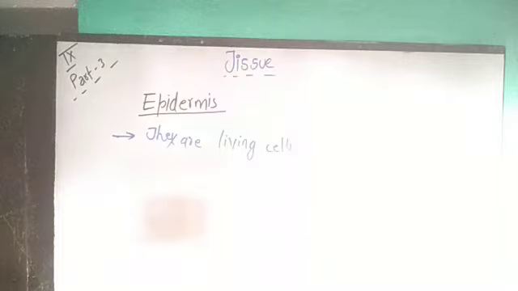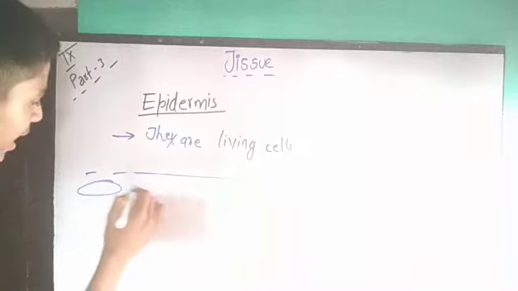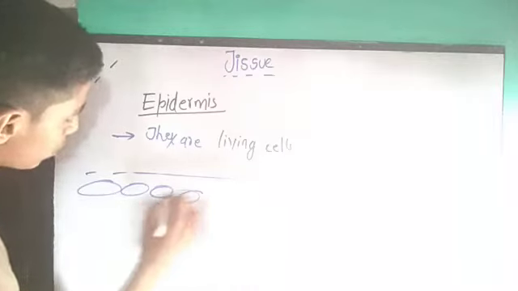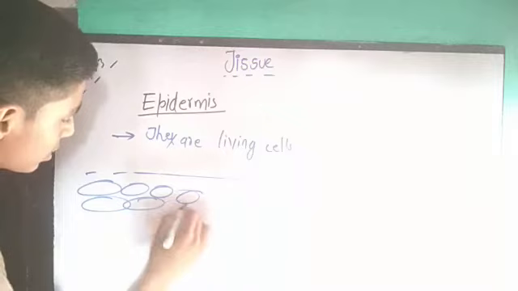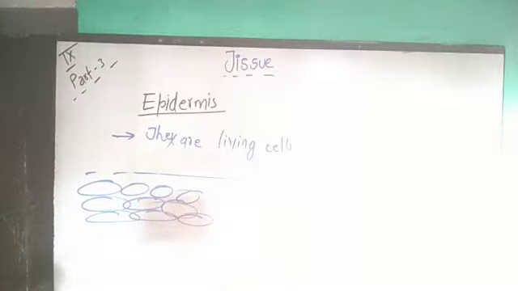they contain no spaces between their cells, but there are certain tiny pore-like structures which we get to see in epidermal cells. Suppose this is the structure of epidermal cells.